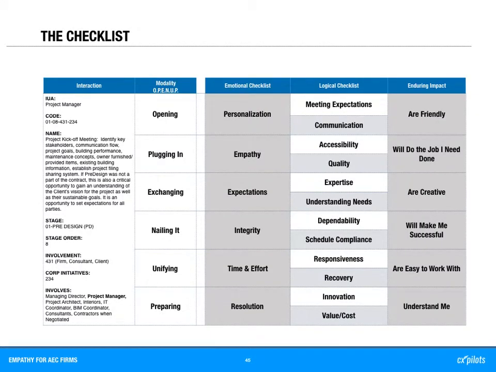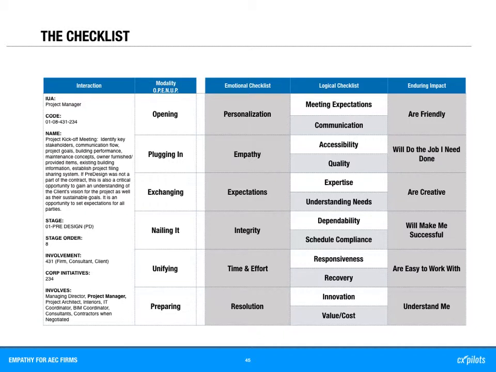So when you're looking at the checklist, this is an example of when we map out all the interactions that our clients go through with their clients and their contractors and their other partners. We look at every single one of these interaction components for every single interaction.